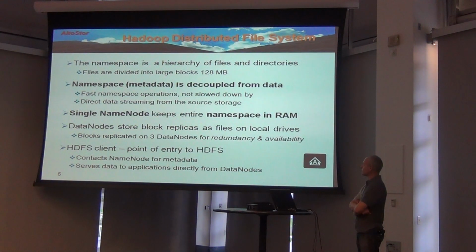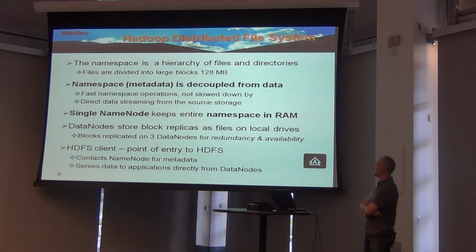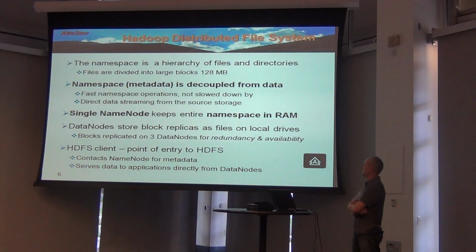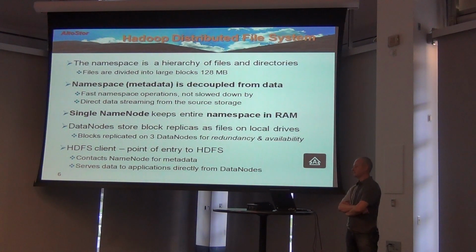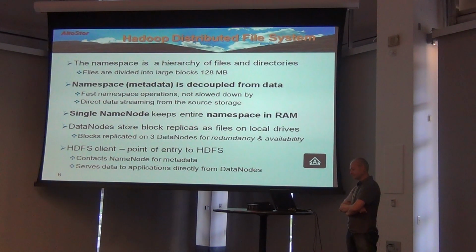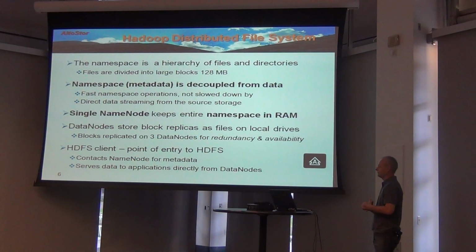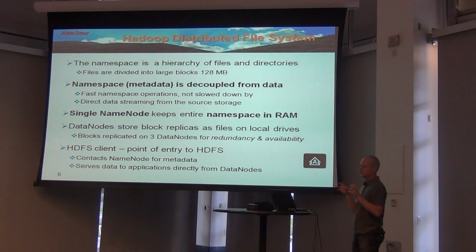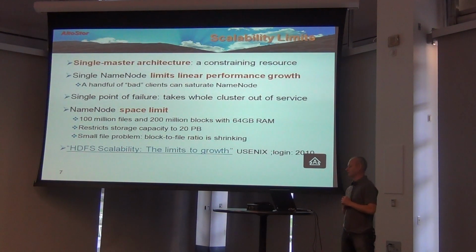And data nodes store blocks, represented as local files on data nodes. Blocks are replicated, by default three times, both for redundancy and availability. The HDFS client is sort of an entry point for HDFS, and it glues together different components so that they can work together.